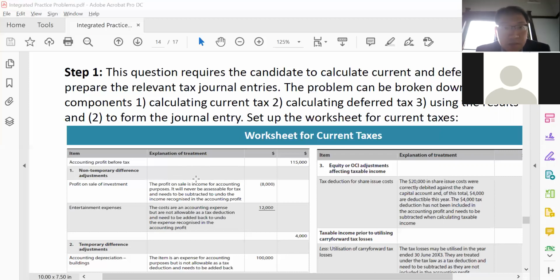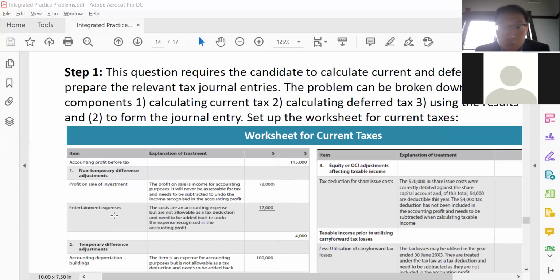So the first step is to think about permanent differences between accounting versus tax. What are they? Well, we're told initially that the profit on the sale of investment is just not recognized in tax. Because this profit has been recognized for accounting but not in tax, we need to get rid of it. At the same time, the second amount is entertainment expenses.